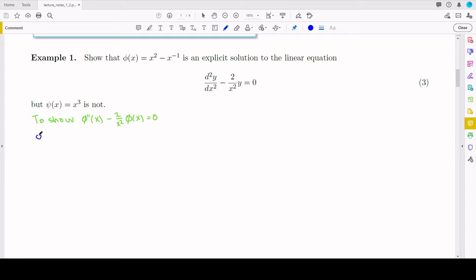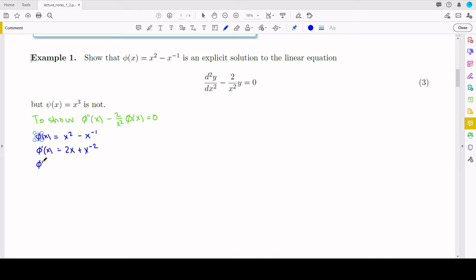Okay, so let's start that. If we take our original function phi of x, that's x to the power 2 minus x to the power negative 1, and then let's take a look at phi prime of x. That's 2x: the 2 moves to the front, we subtract 1 from the exponent, the power rule. And here the negative 1 moves to the front, that becomes a plus, and then x to the power negative 2.